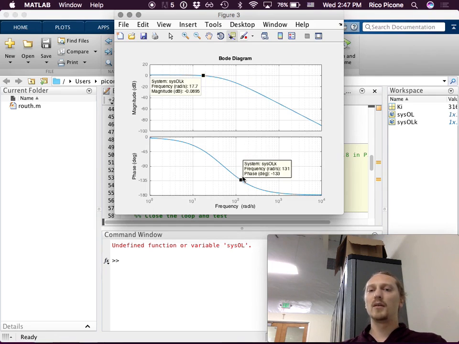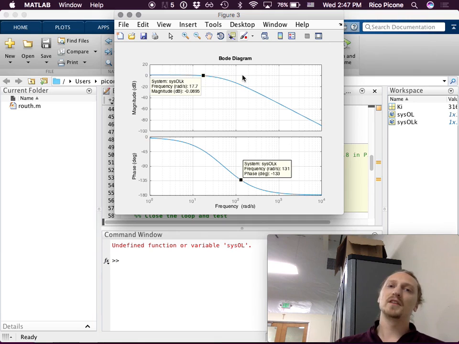We want this magnitude plot to go through 0 dB there, so that at this frequency, this is our phase margin. The way we do that is we essentially shift this whole magnitude plot up until this point reaches 0 dB, and that will then make this our phase margin.